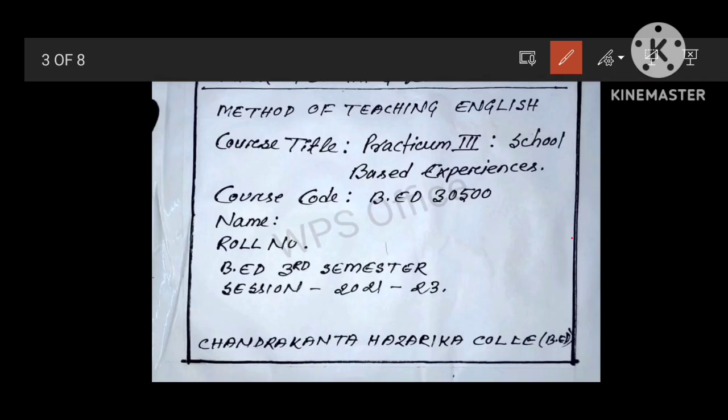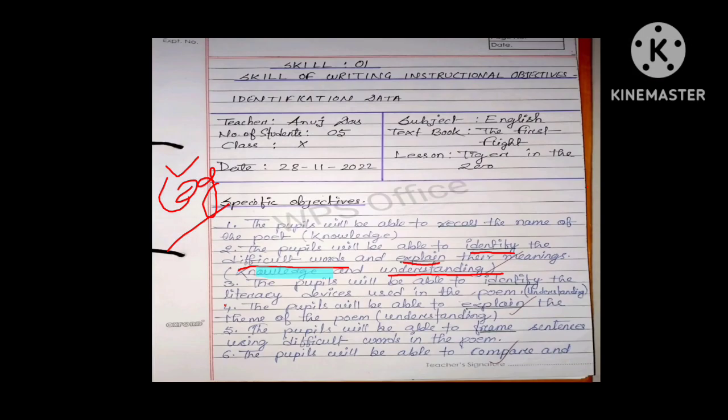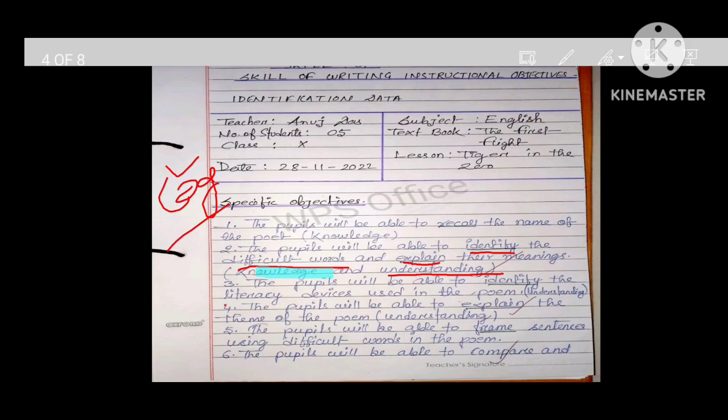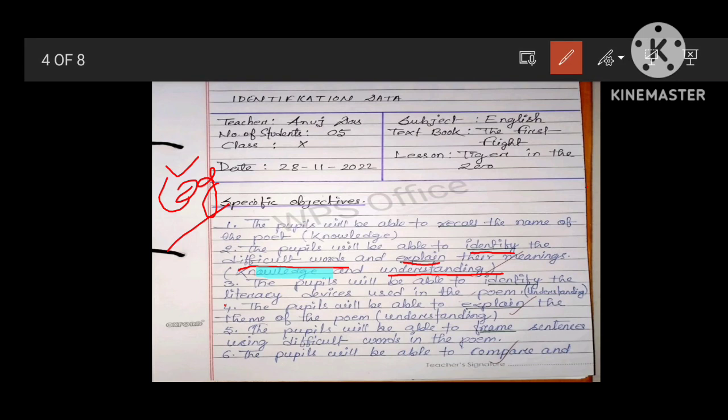Okay, moving further, in the third instructional objective, what you can see there, the pupils will be able to identify the literary devices like personification, metaphor, and different literary devices we may use in stories, or even poetic devices used by the poet in poems.